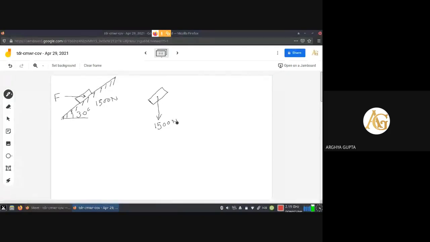The weight is 1,500 Newton. I can draw F here. And a reaction force will be there. Here, I am showing it in the first diagram itself. So here, a reaction force R will act like that.